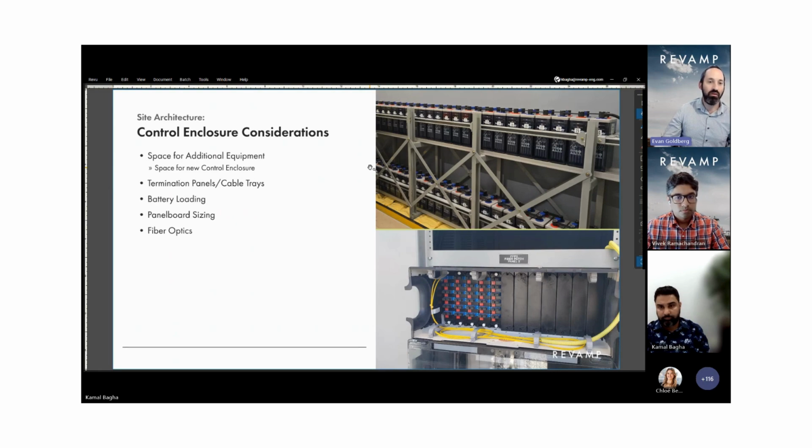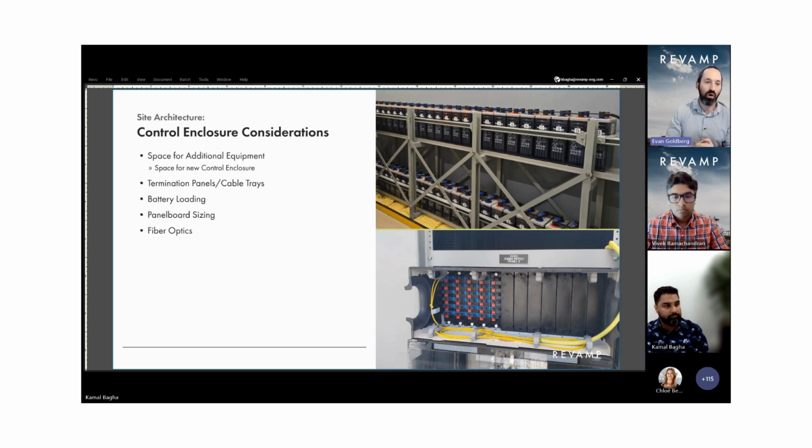So now you've thought about the primary equipment that you're going to have in your actual substation yard. What other considerations do you need to have? Well, if you plan for it, you're probably going to have space in your control enclosure for your additional equipment. What we mean by that is the new relay panels, your new energy management systems, perhaps.